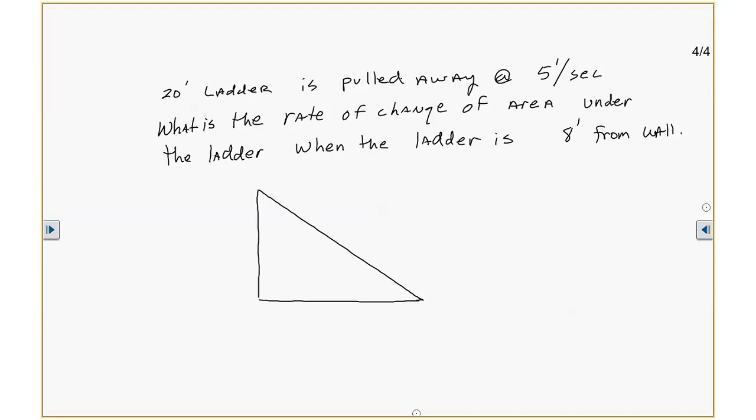Now, you're going to be working with two formulas here, because the question asks for one thing, but you're going to have to use two formulas. You're going to be using a squared plus b squared equals c squared, and you're also going to be using the area of a what? The area of a triangle.